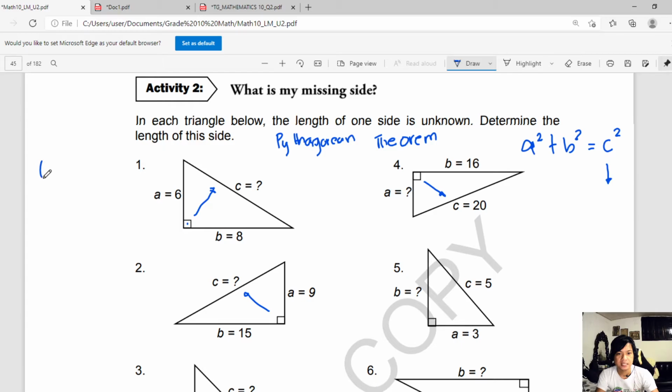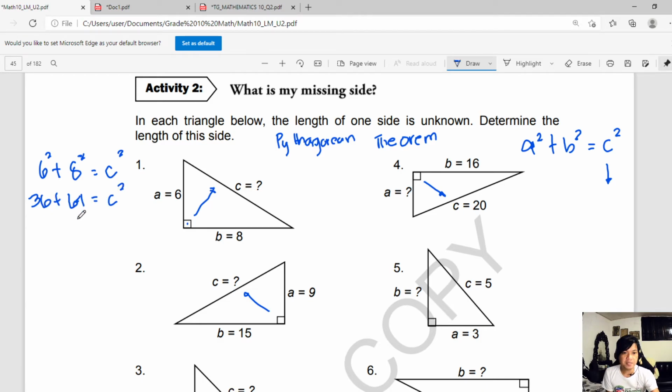That is 6 squared plus 8 squared is equal to c squared, since c is what we are looking for. Let's simplify. 6 squared is 36, plus 8 squared, which is 64, is equal to c squared.